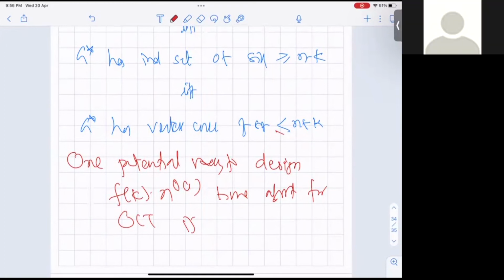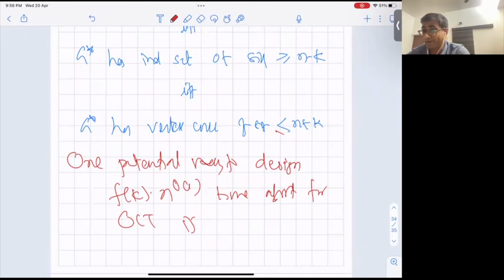Something like f of n plus k. But would that be an FPT algorithm? No.